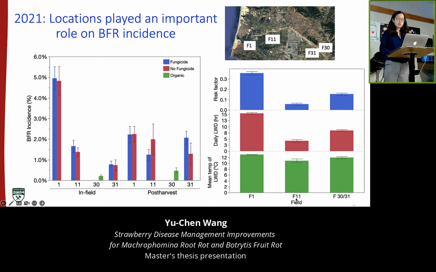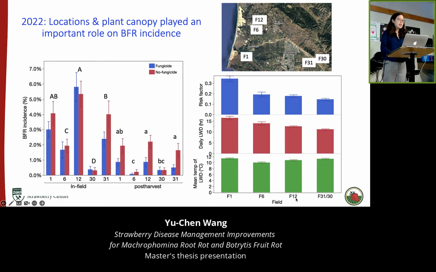For 2022, here is a summary again showing the average Botrytis incidence in field and post-harvest. Notice that we have fields 1, 6, and 12 in the coastal area, and fields 31 and 30 in the inland farm. But very interestingly, we don't see a pattern of disease decreasing from the coastal to the inland.